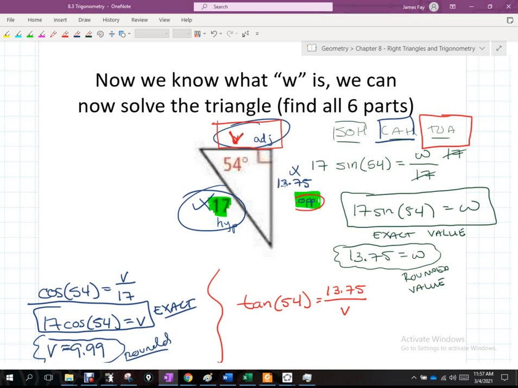The step is to always, algebraically, multiply by the denominator to both sides. So I'm going to multiply this side by v, and they're going to cancel there, right? And we'll multiply this side by v. So now I get v times tangent of 54 is equal to 13.75. Don't let this confuse you either.